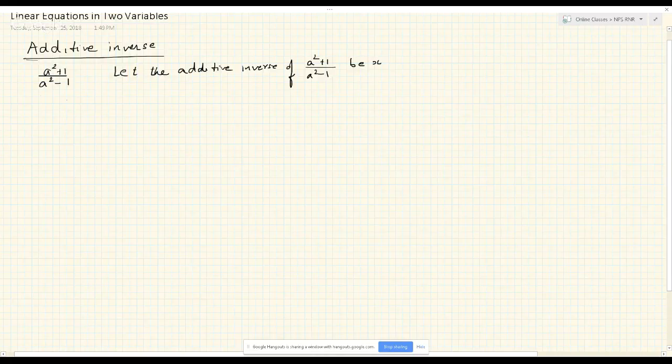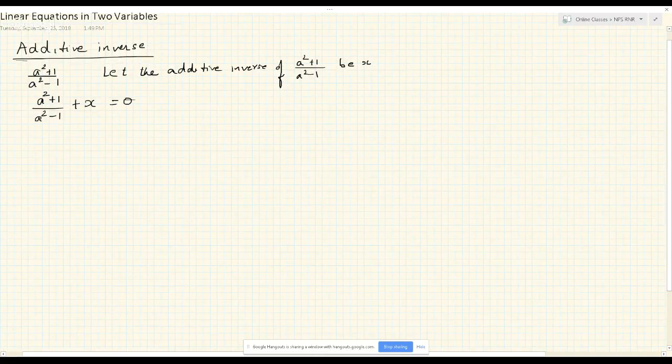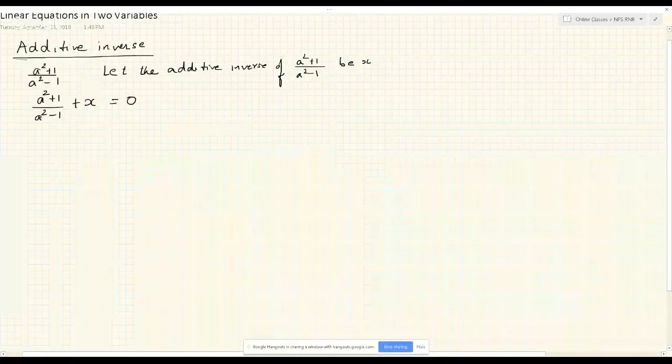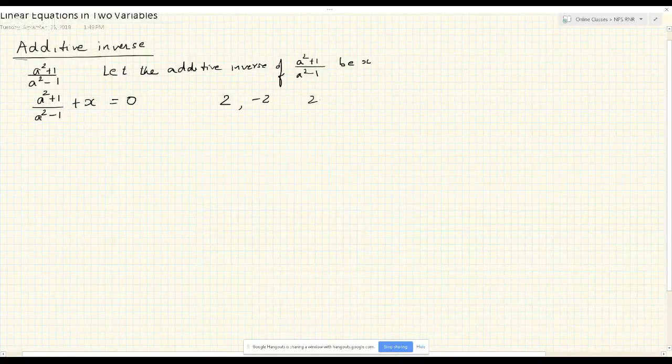Now, the property of additive inverse says that if you add the expression and its additive inverse, you will get 0. That's additive inverse. For example, the additive inverse of 2 is minus 2, because 2 plus minus 2 gives you 0.